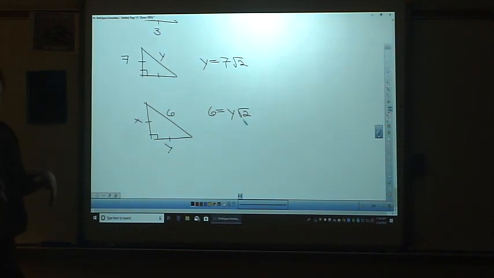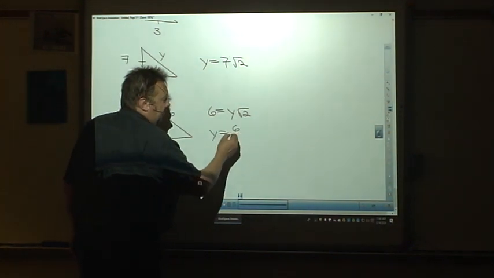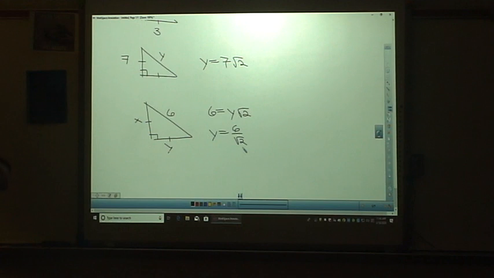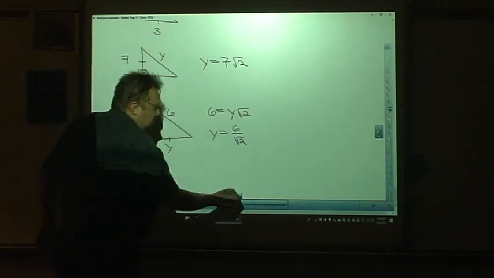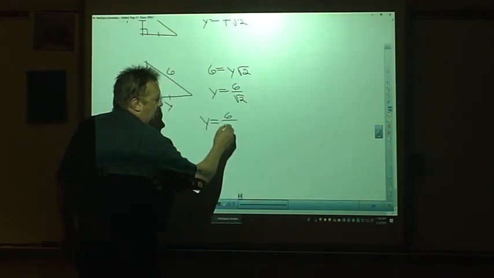That's the equation I have. So to solve this, I'll do y is equal to 6 divided by the square root of 2. Many of you right now, though, are saying, wait a minute, we can't have a radical in the denominator. And that's true.